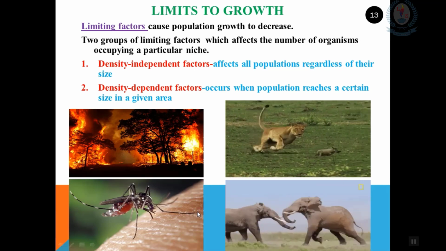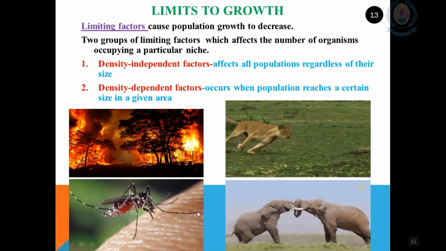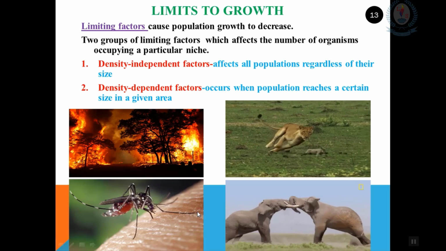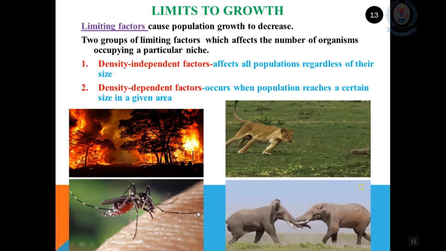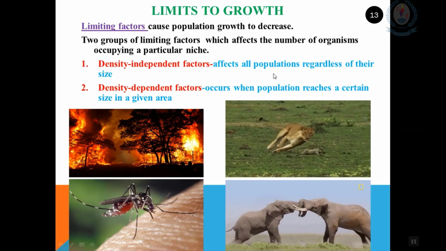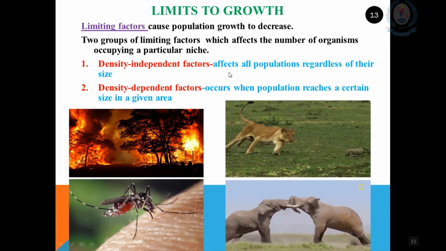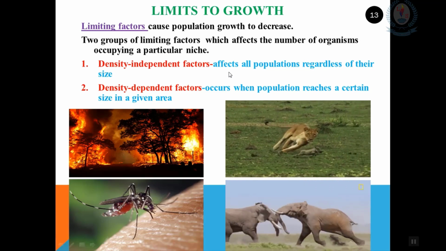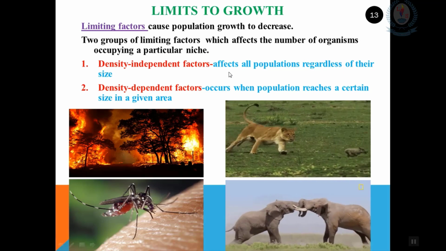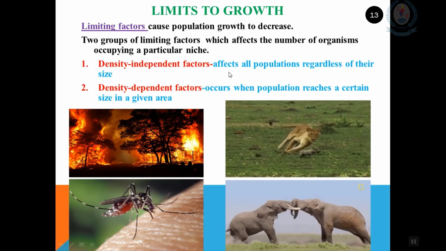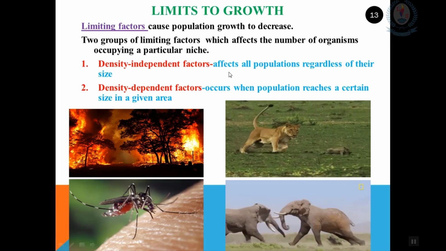The abiotic and biotic factors that affect the number of organisms occupying a particular niche may be density independent factors or density dependent factors. So what are density independent factors? These factors affect all populations regardless of their size. But density dependent factors occur when a population reaches a certain size in a given area.